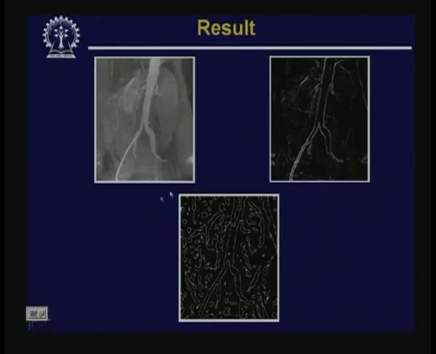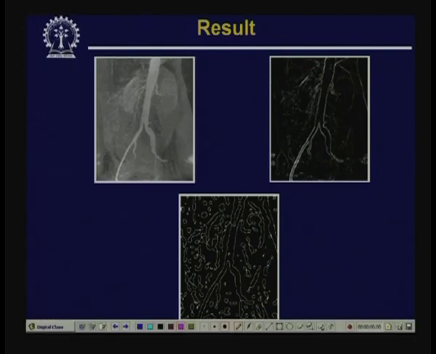Here in this particular image, we have shown an image, and on the right hand side we have shown the output obtained using the Sobel operator. The bottom one shows the output of the LOG operator.